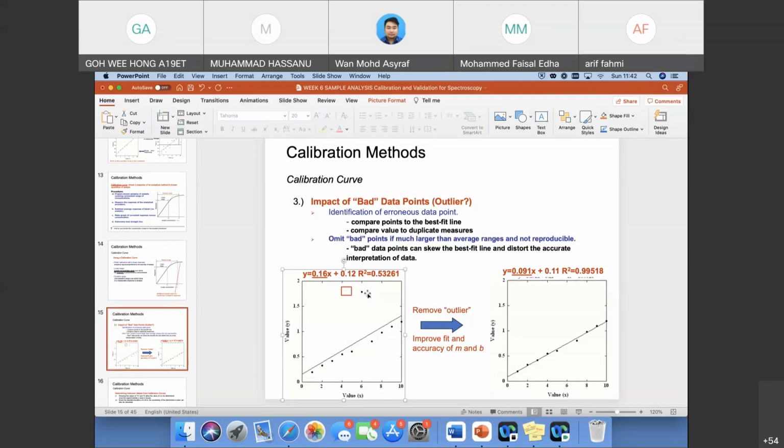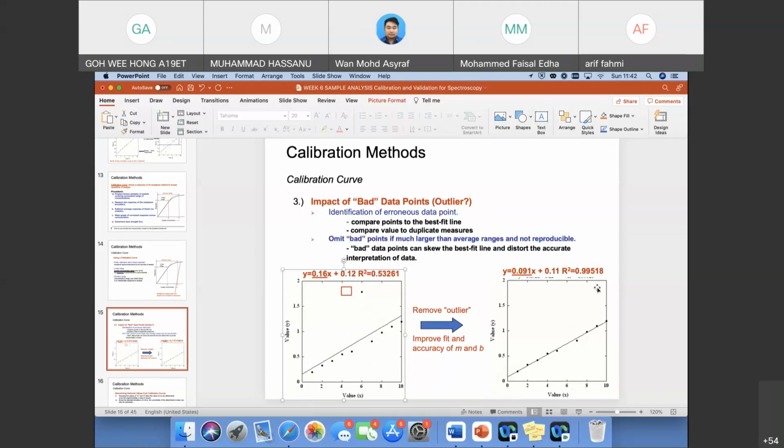Now we are going to look into the impact of bad data points, which we call outliers. For some reason, maybe for this concentration you wrongly did the dilutions, or wrongly did your analysis for this point only. So when you include this data, your R square becomes 0.5. But if you remove the outlier, it improves the R square value straight away to 0.99.